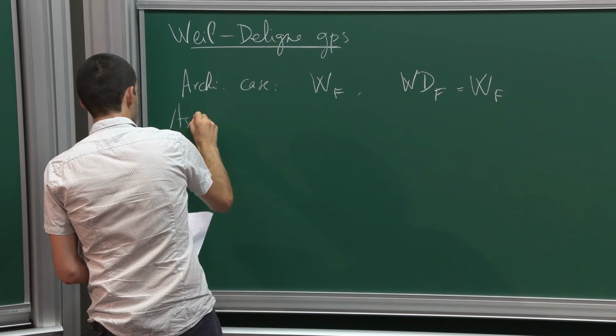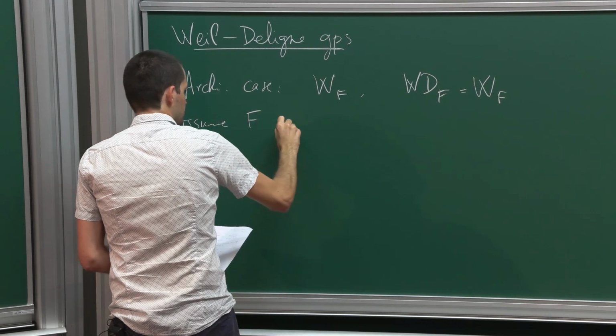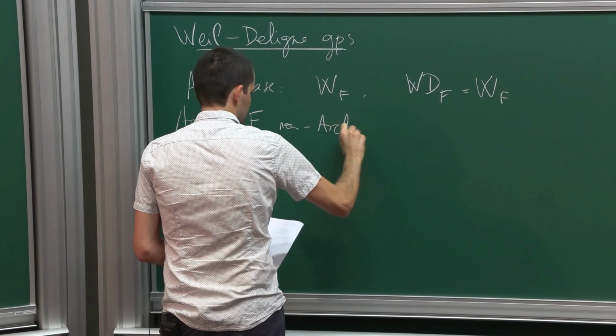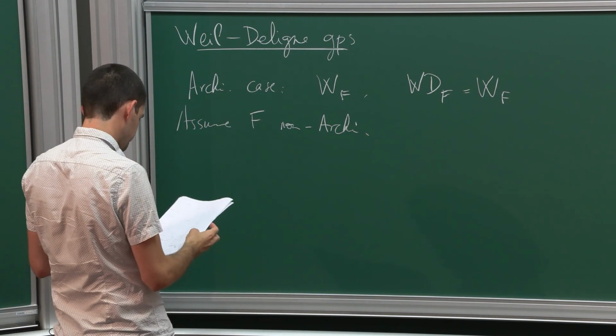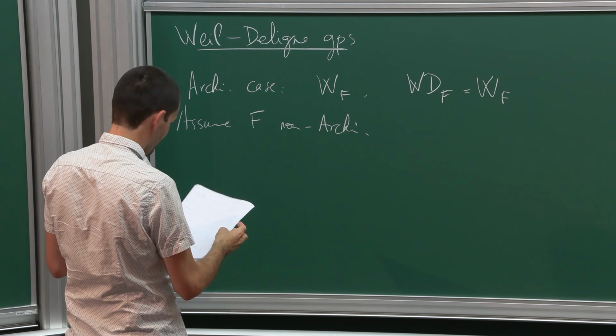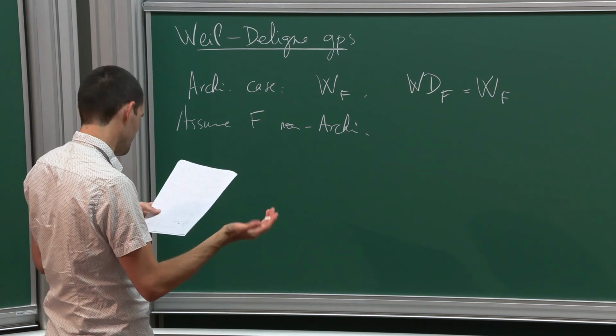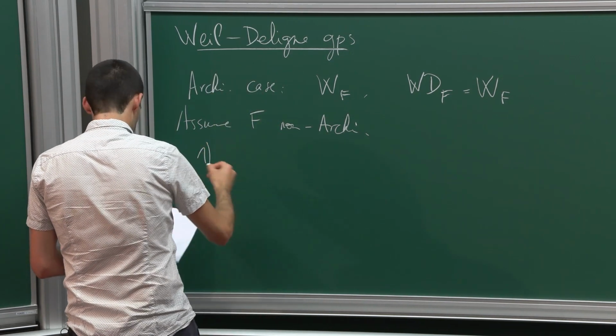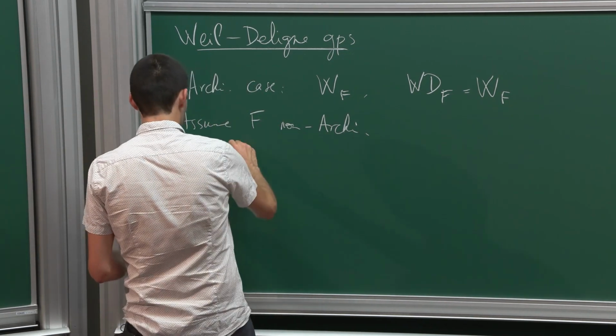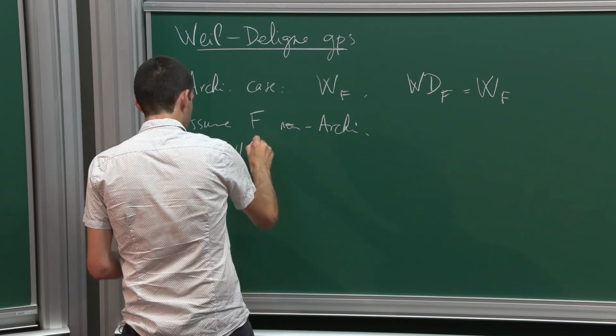So now assume F is non-Archimedean. Okay, so I hope you remember what the Weil group is. I think you do. So we have two versions, or three, but let me just mention two.